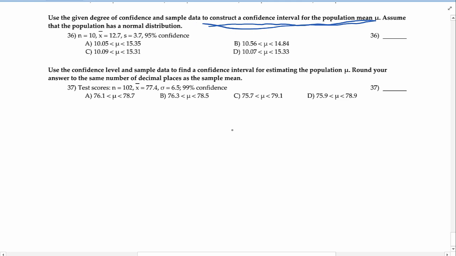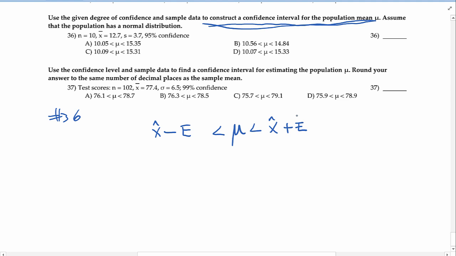So we already know that to, let's say, number 36, to build a confidence interval for the population mean, we relied on a sample mean to create an interval based on adding and subtracting the margin of error, all right?